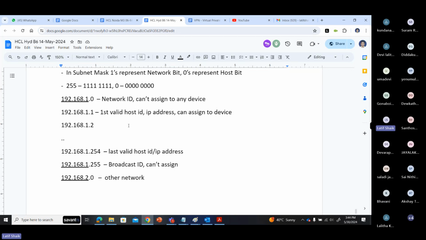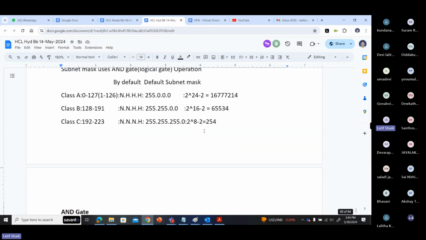Between the network ID and broadcast ID, we have valid IP addresses we can assign to the client PCs. So for class C, 254 is the maximum number of hosts we can connect. Class B is 65,534. Class A is 16,777,214 IP addresses.